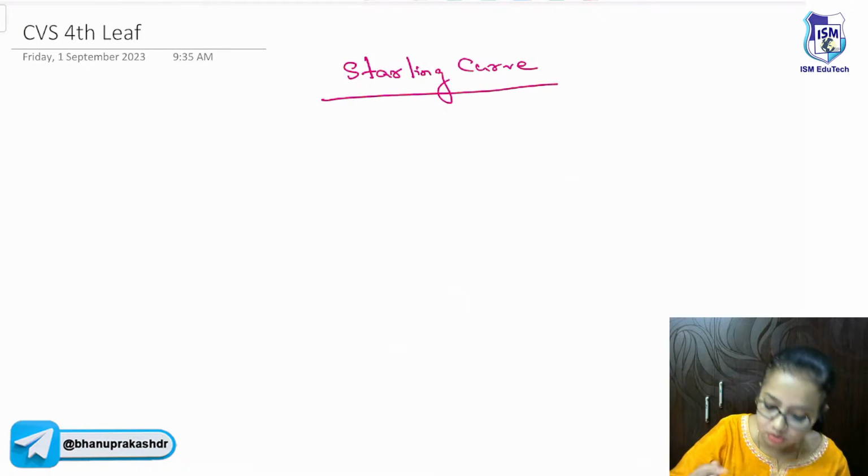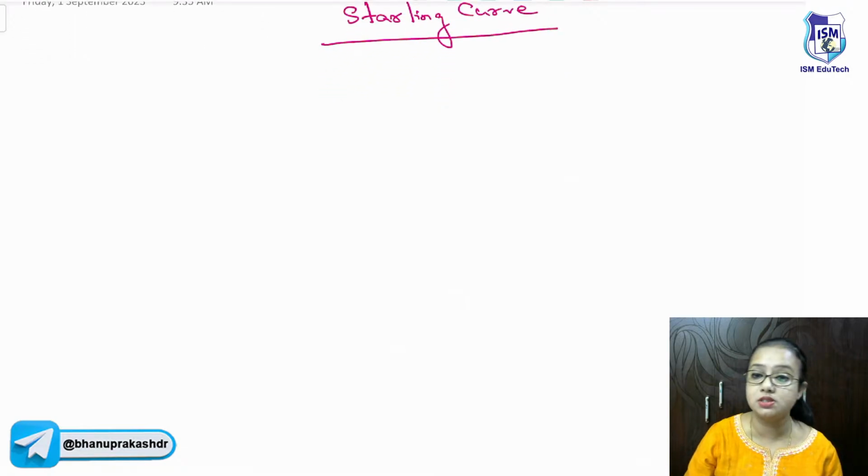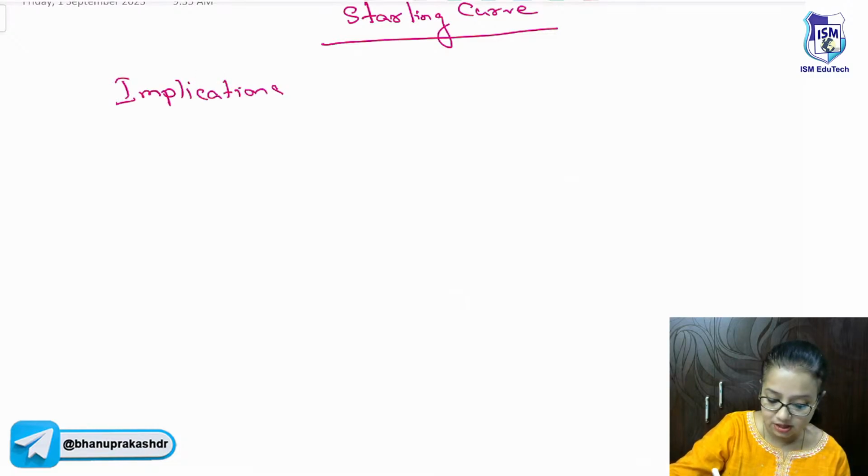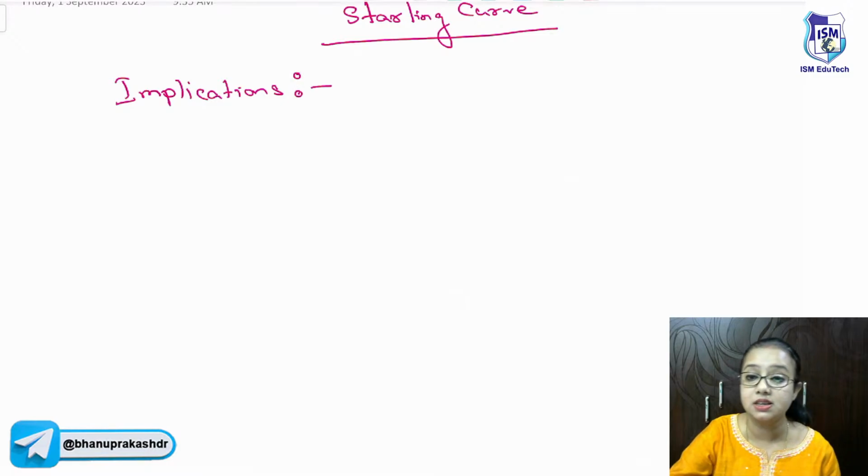Now before going into details into the Starling curve, let's remember what actually the Starling curve wants to show us, wants to tell. So, what are the implications? The implications of Starling curve is the theory that we studied as in Frank-Starling law.